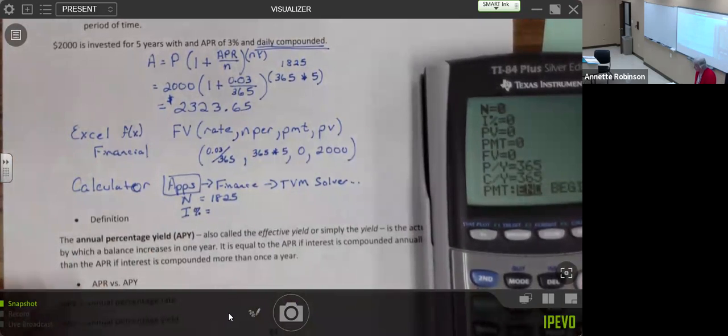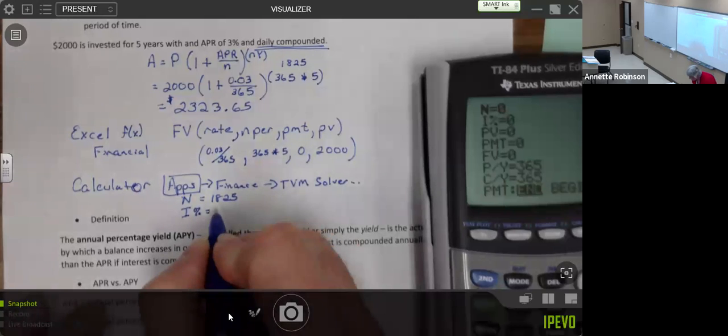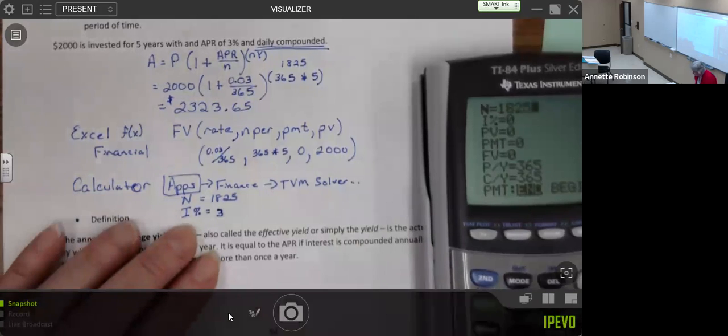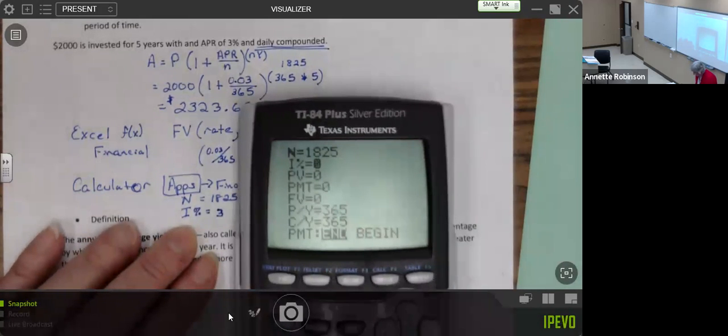You don't have to type in a percent. You're just going to put the number. In this case, remember, we had a 3% interest. So again, I've typed 1825 on my end. I've gone down and I've typed a 3 for the percentage.